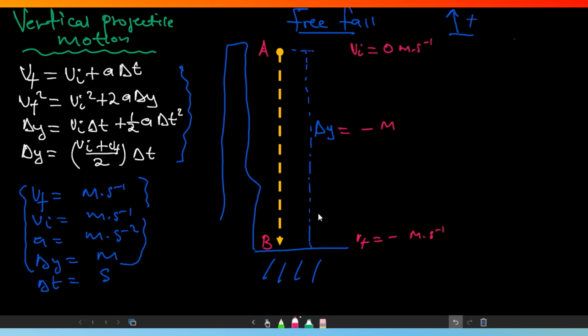Now we talk about the acceleration. Remember that acceleration is 9.8 meters per second squared, and it always points downwards. Since we chose upward as positive, the acceleration is negative 9.8 meters per second squared. Then what is left is the time.